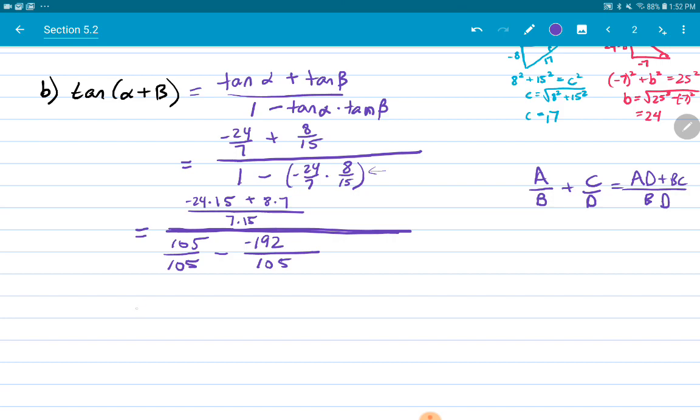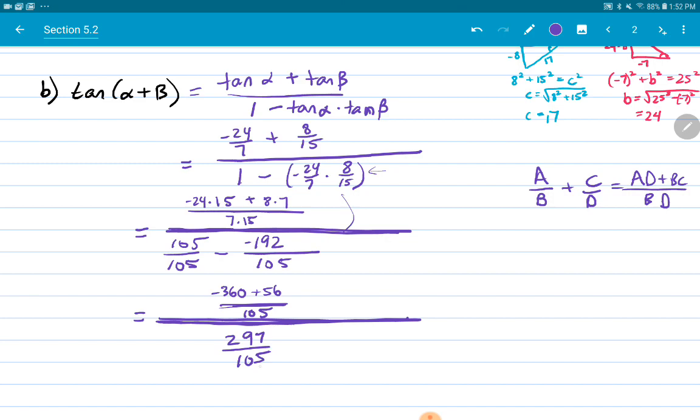Okay, I'm taking this another step. Looking at the numerator again, 7 times 15 we said is 105. And negative 24 times 15 is negative 360. 8 times 7 is 56. And then a big fraction bar, that's the whole numerator. And then 105 over 105, or 1, minus negative 192 over 105 is plus, because it's minus a negative. So I get plus 297 over 105.